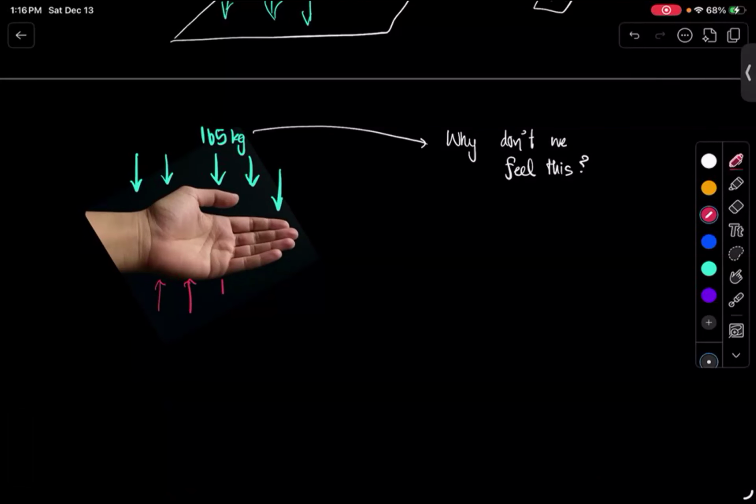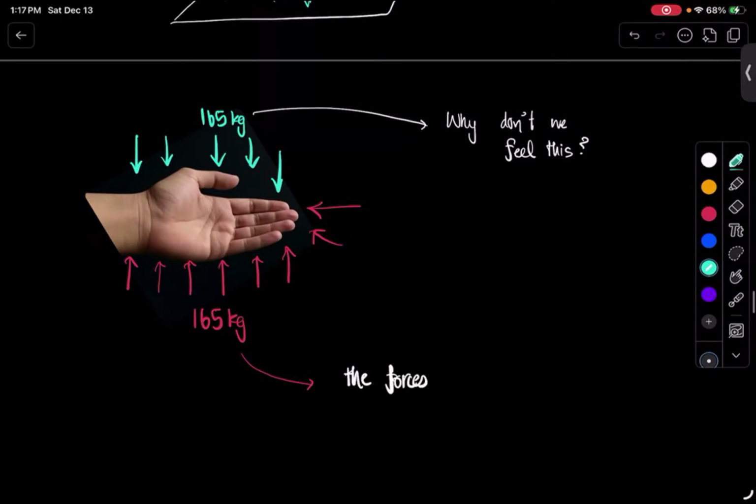If there is a force upwards of 165 kgs, you remember that fluids exert a pressure in all directions, right? So that means the forces cancel out, right? So there is a large amount of force on you, but because the upward forces and the downward forces and the leftward forces and the rightward forces cancel out, the forces cancel out.